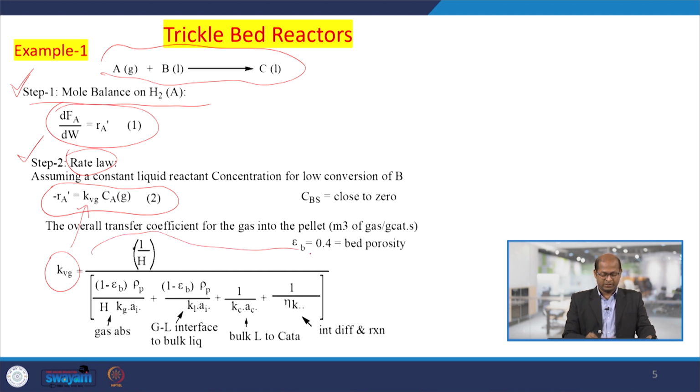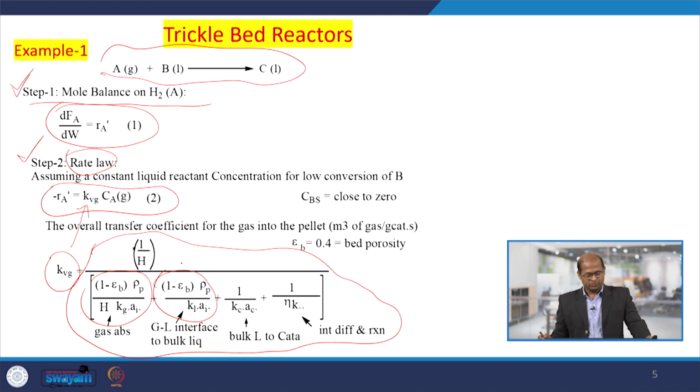This is the total mass transfer resistance: the individual gas phase resistance, then gas-liquid interface to bulk liquid transfer of component A, then bulk liquid to catalyst surface, and this is the internal diffusion reaction resistance inside the pores. Then we can substitute here, get the kVg value, and substitute it into the design equation to get conversion in terms of catalyst weight.